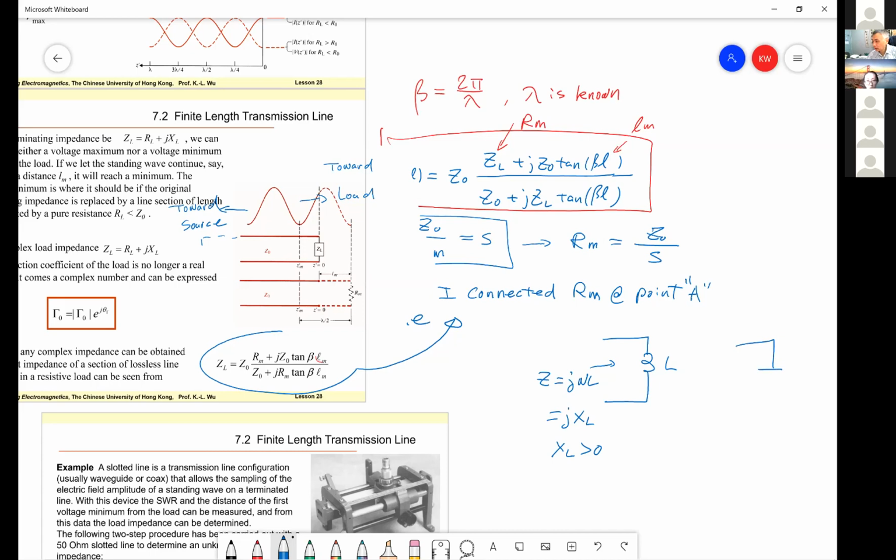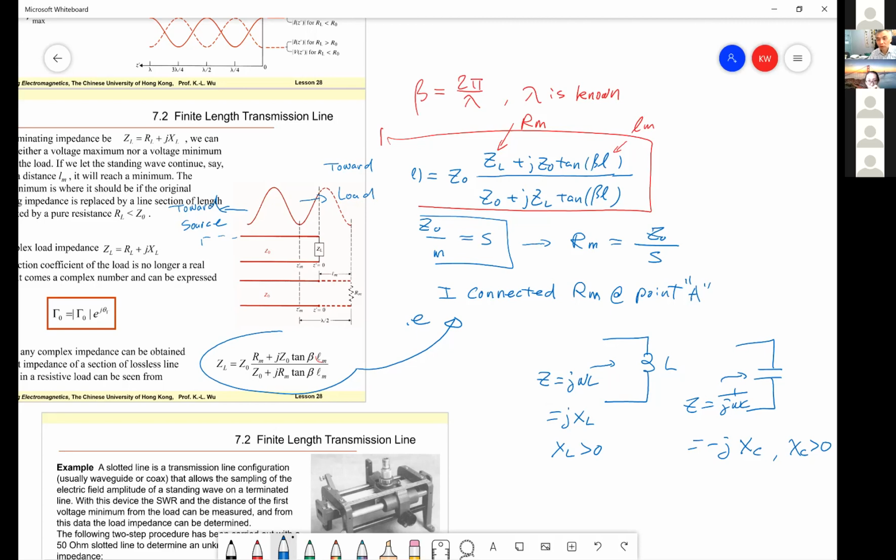But if you look at a capacitor, what is the impedance? It's 1 over j omega C, right? Then you can say minus jXC, so XC is larger than 0. So that is negative. Of course, the imaginary part can be positive or negative, but nevertheless, the real part must always be positive. Otherwise this transmission line equation is wrong.